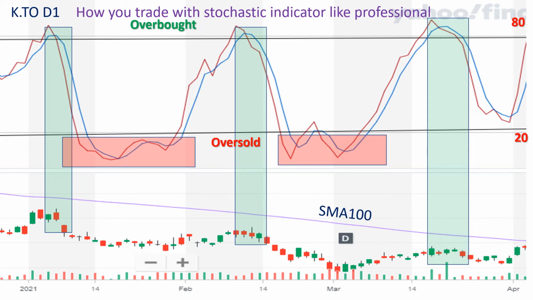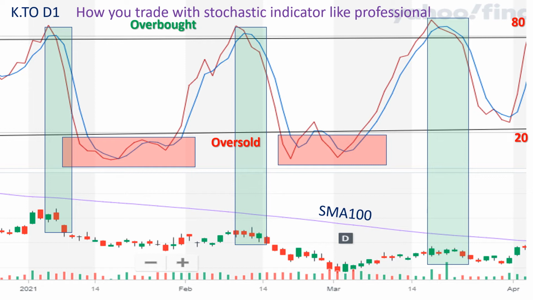Now, in order to trade, the first thing you have to do is check the direction of the trend in a longer time frame, for example, D1 time frame. You want to trade with the trend, not against the trend.